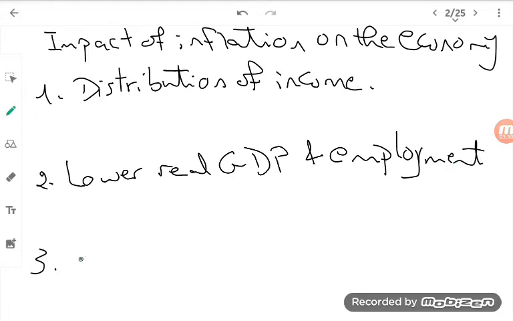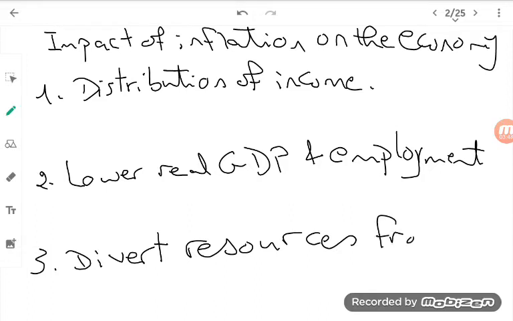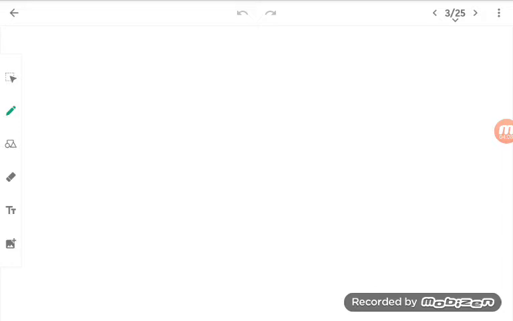Number three, divert resources from production. How? Now we are going to explain each one of the three factors. Number one, distribution of income.